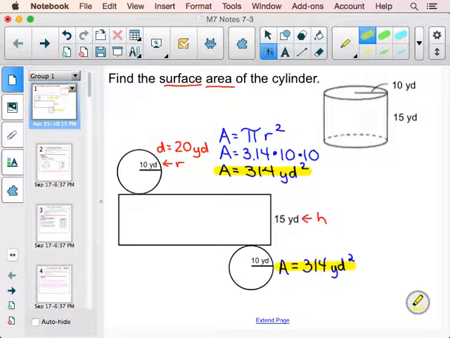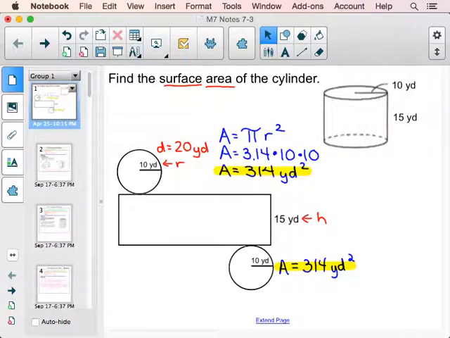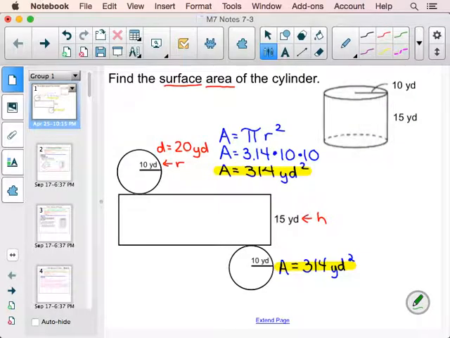So now we've only got one more shape that we need to figure out the area of. We have this rectangle. The formula to get the area of a rectangle is base times height, because that'll work for any parallelogram. The problem is, all we know about this rectangle is its height.